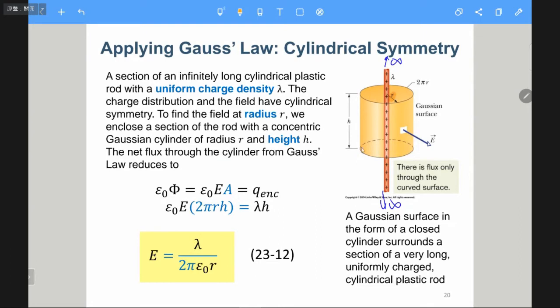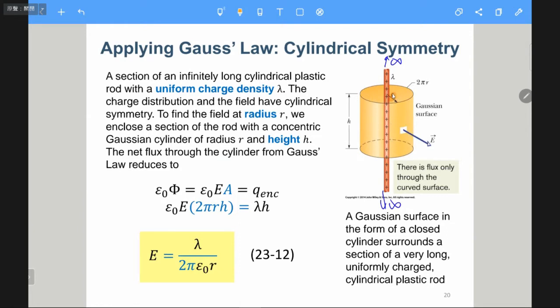The h is not very important because it turns out to be cancelled, but here we just assume this variable. The net flux through the cylinder from the Gauss law reduces to this. For a fixed distance r, the E field should be uniform.